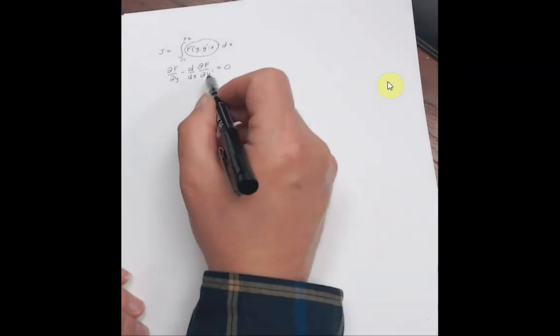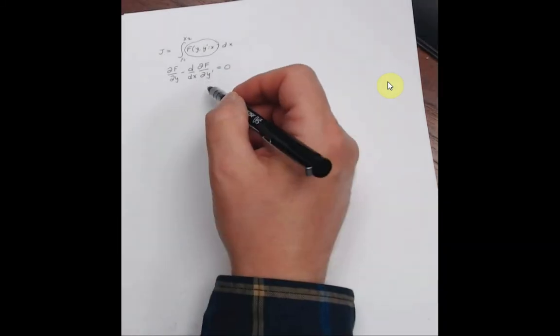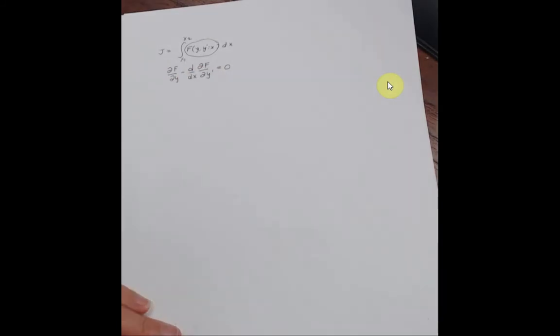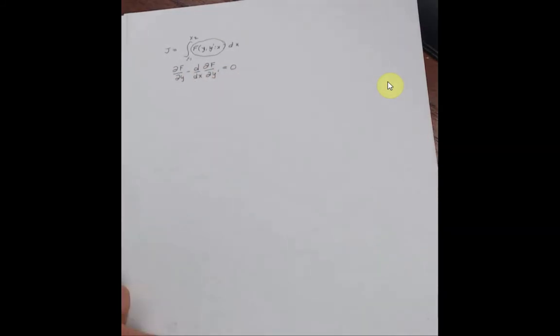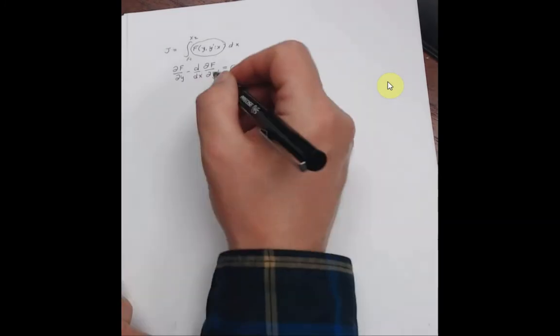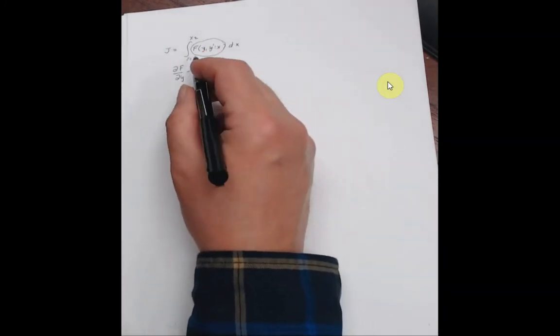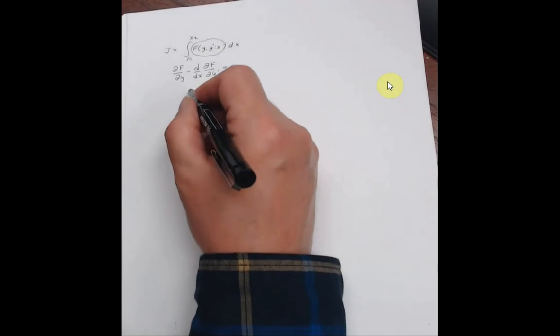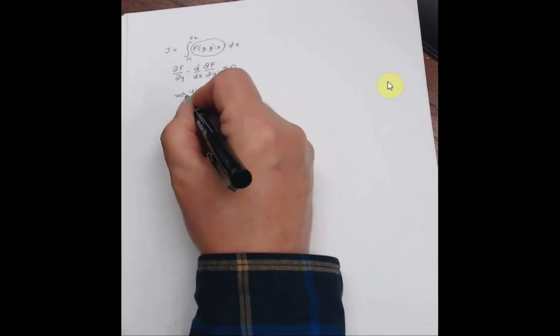And this is Euler's equation that is necessary for us to have a minimum J. So we went through that in the previous video about how to derive that, and we used it for at least one example. Now, I also remind you that by using this equation, we're solving for y as a function of x. That's what we want.